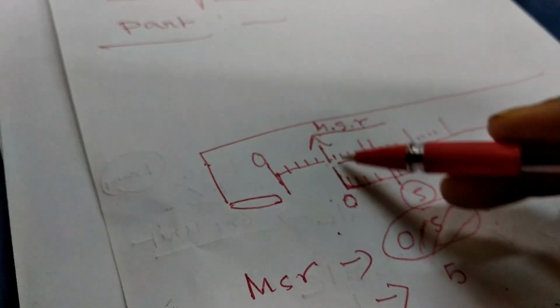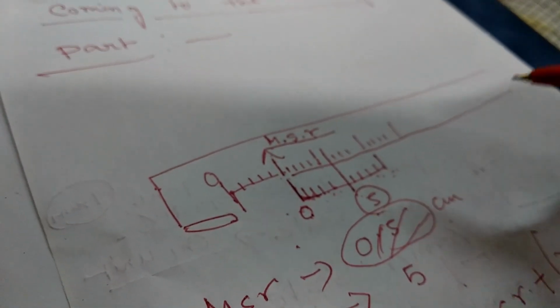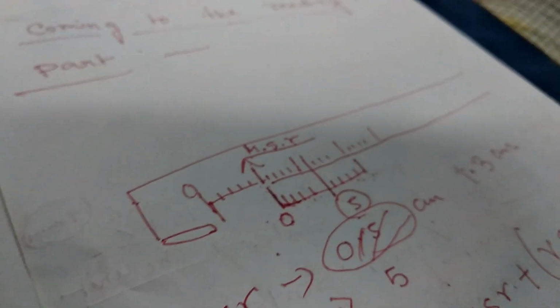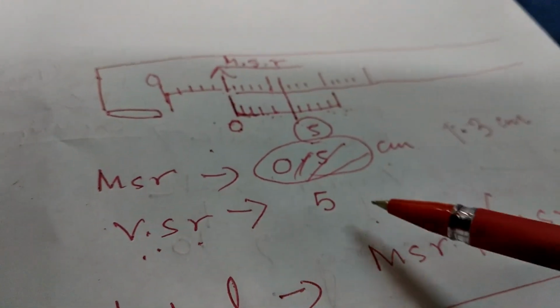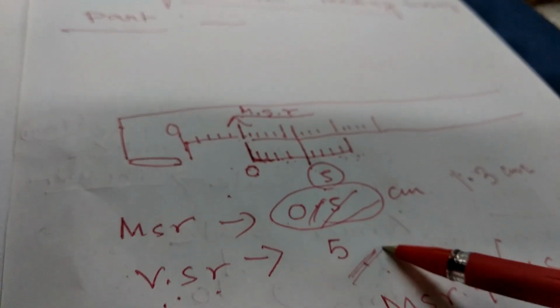So I have written here just considering the drawing. But I am showing here the calculation of what exactly we found, that is 1.3 centimeter. And vernier coincidence we found at number 5 division.